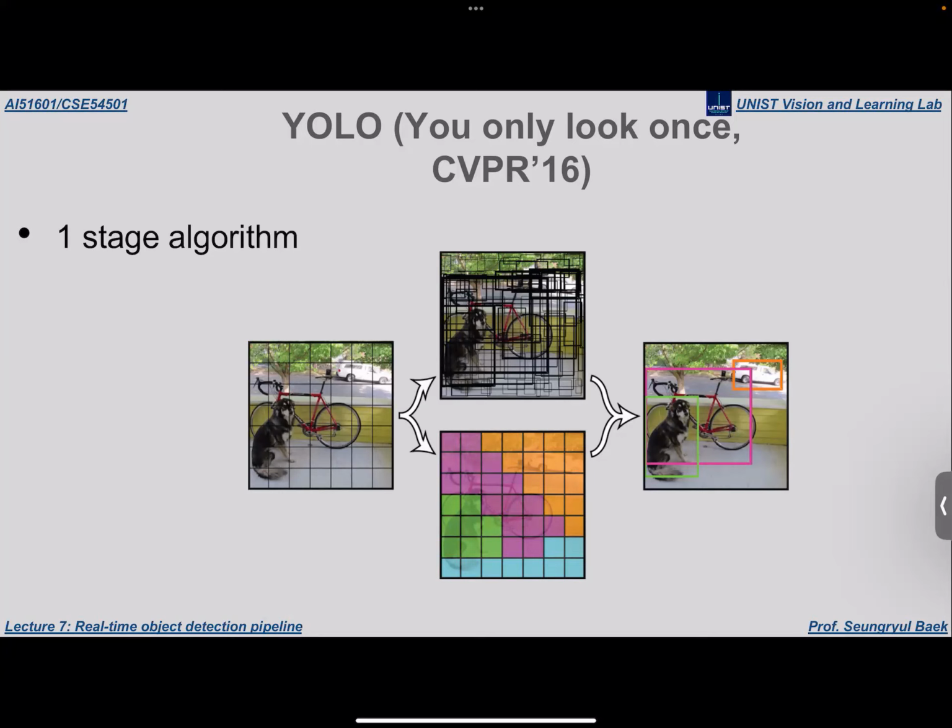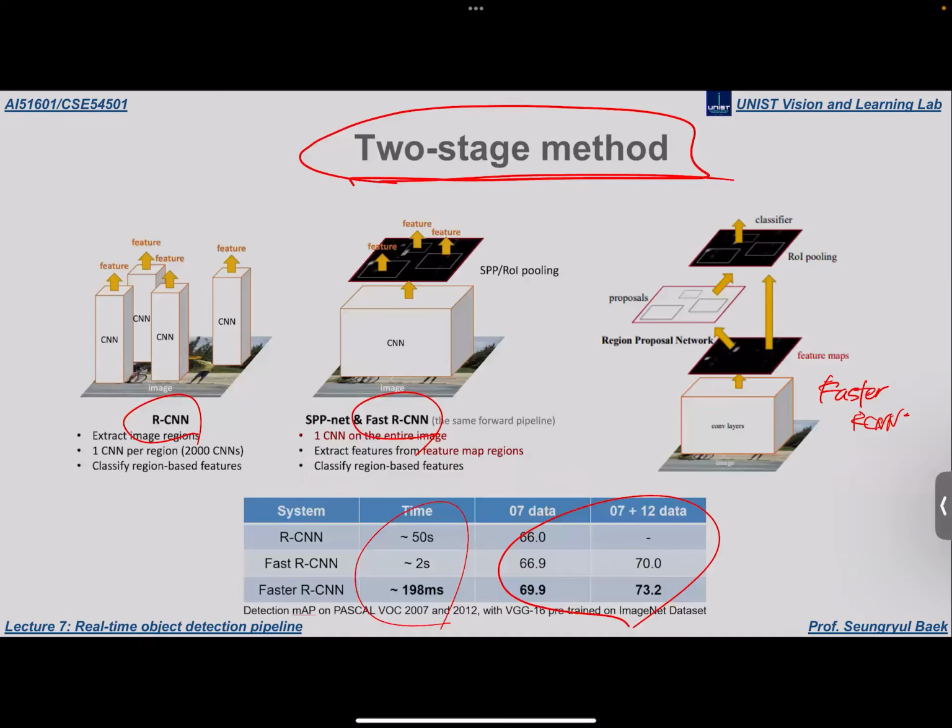But with this kind of approach, YOLO, by its name, you can imagine how fast it is. So in the two-stage method, you may see the images twice, right? For detecting the object box, you have to see the image once.